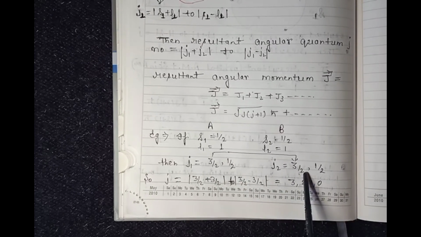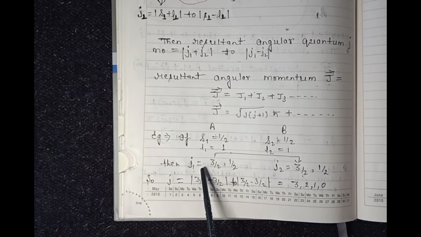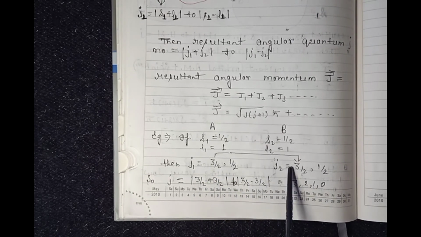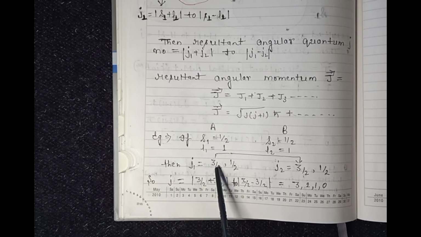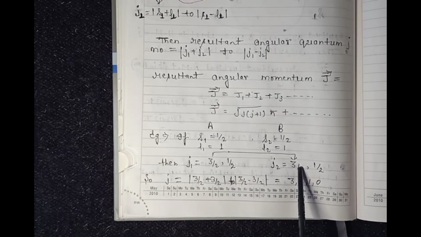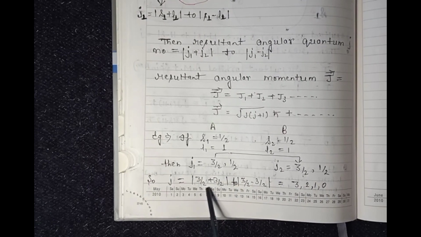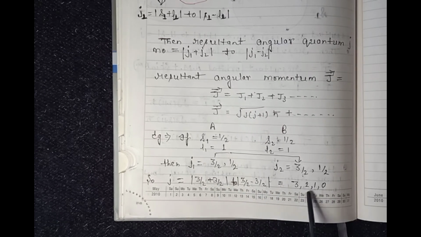Then it is equal to 3/2, 1/2. Then we want to find coupling between them, J1 and J2. Then it will again follow the vector sum rule. Take the first combination, 3/2 and 3/2. Then it will vary from 3/2 plus 3/2 to 3/2 minus 3/2. That is equal to 3, 2, 1 and 0.